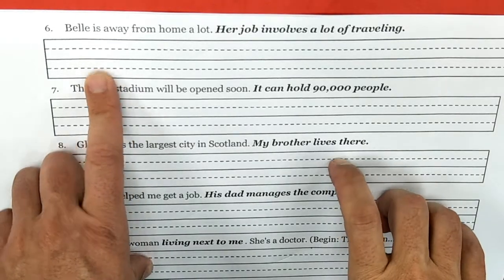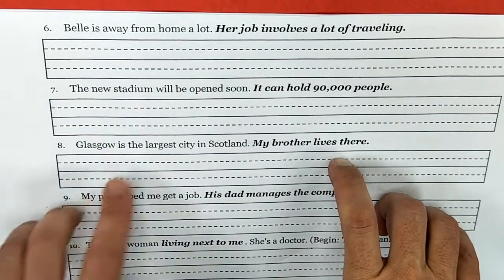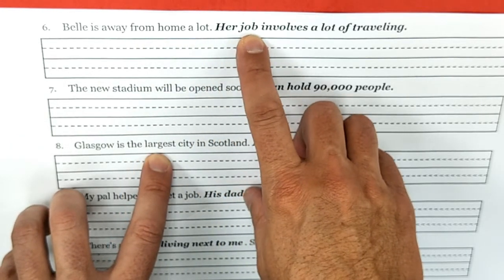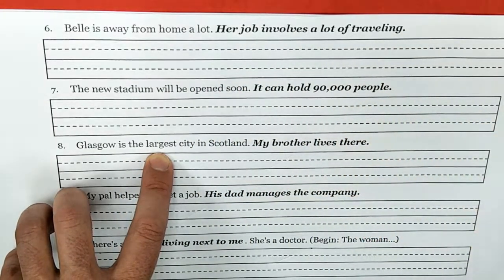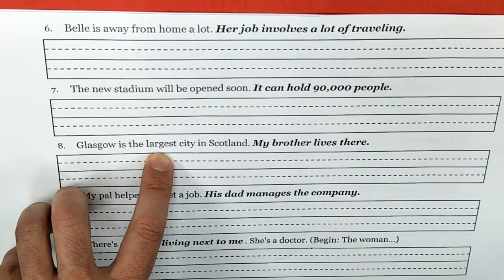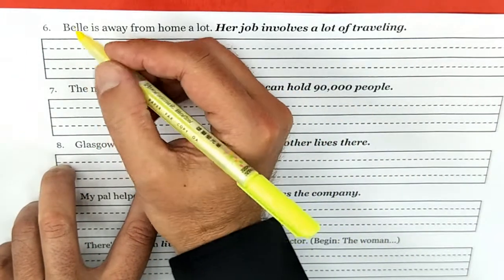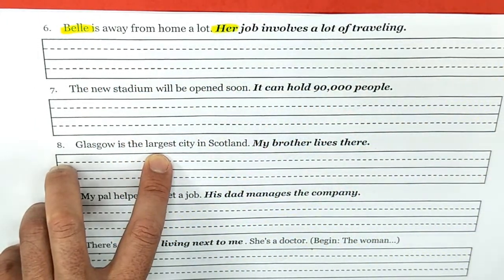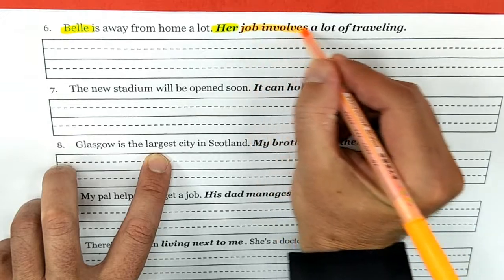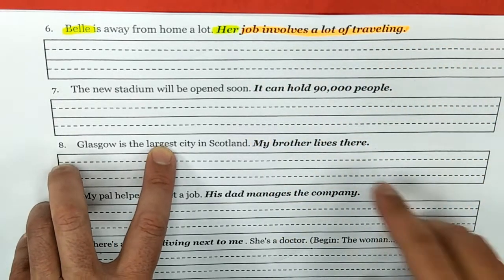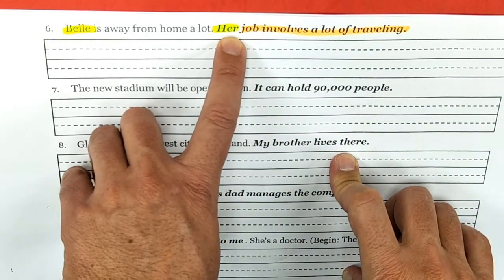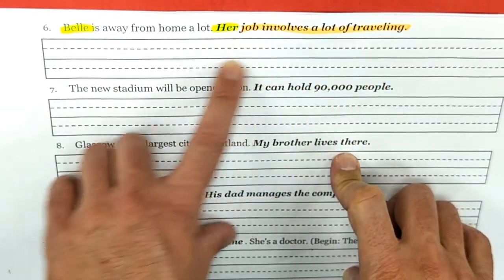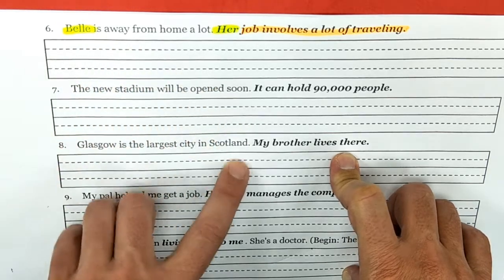Okay, number 6. Belle is away from home a lot. Her job involves a lot of traveling. Well, we have this noun Belle, okay? And we have her, the possessive her. Job involves a lot of traveling. So we have the possessive here. We're going to use this job involves a lot of traveling to describe Belle's job.